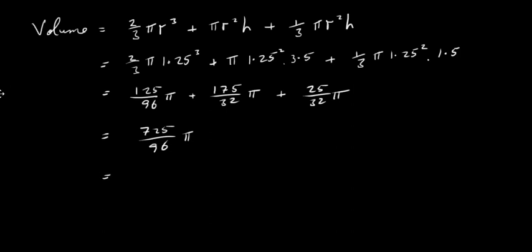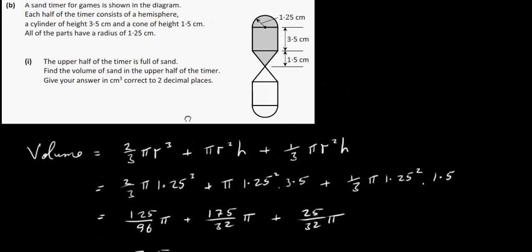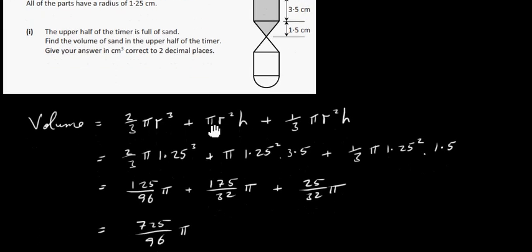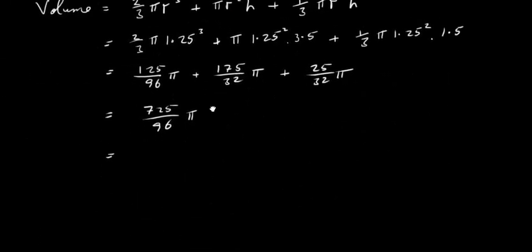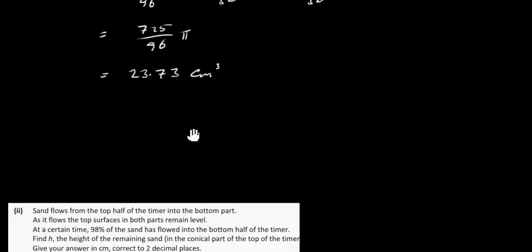And what way were we asked to give this answer? Give your answer in cubic centimeters, so everything is in centimeters here, so that's fine, to 2 decimal places. Okay, so to 2 decimal places then we will get 23.73 centimeters cubed. So that's the volume of sand in the upper half of our timer.